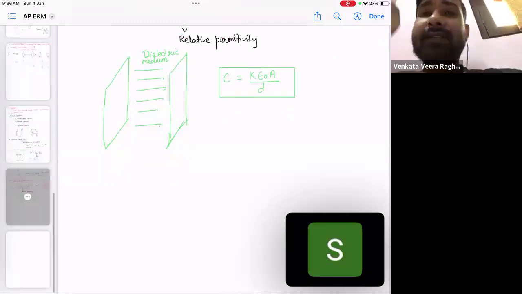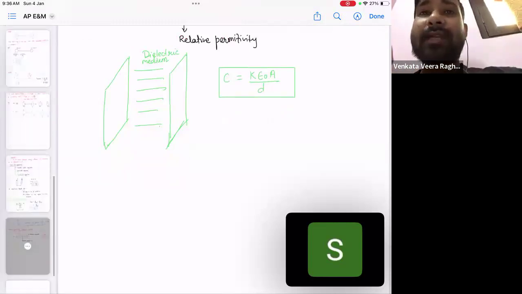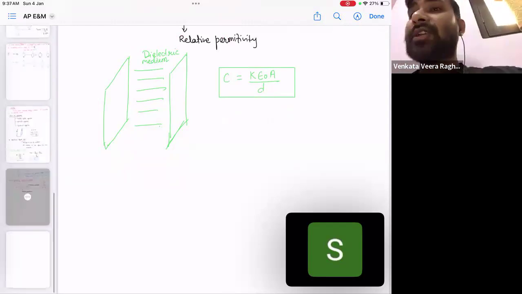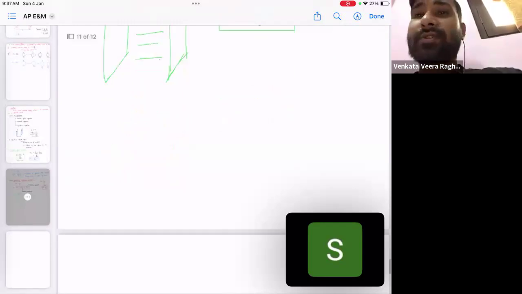Before that, let's discuss what is going to be the energy stored in a capacitor. What will be the charge accumulated on a capacitor whenever it is connected with a battery?